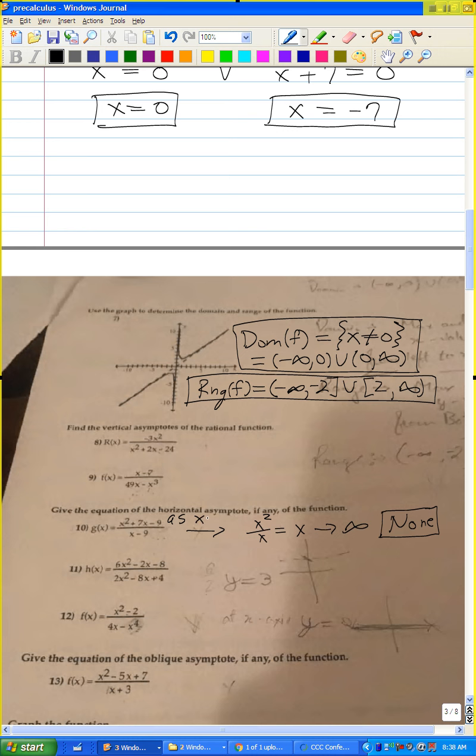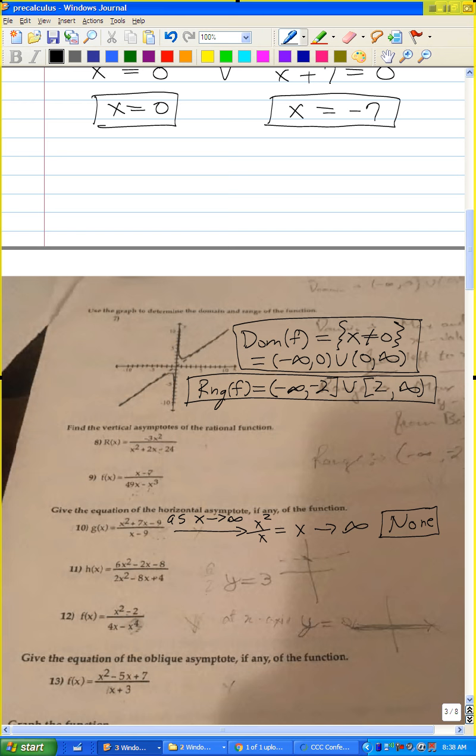As x approaches infinity, what do these y values approach? Well, they approach x, but as x goes to infinity, x goes to infinity. So this quantity here goes off to infinity, which is not a horizontal asymptote.